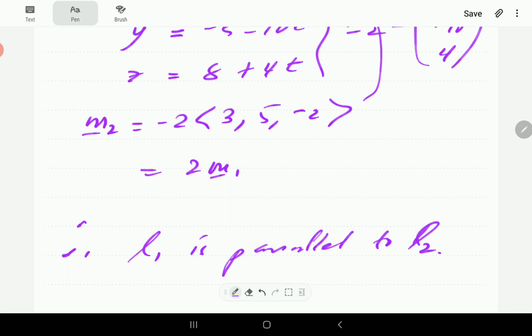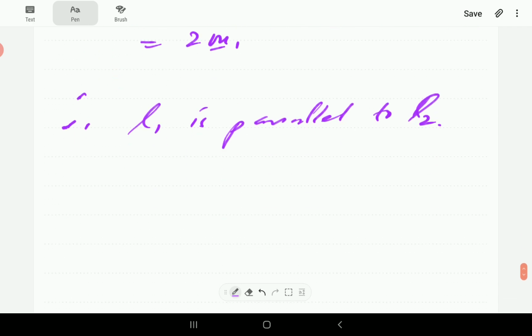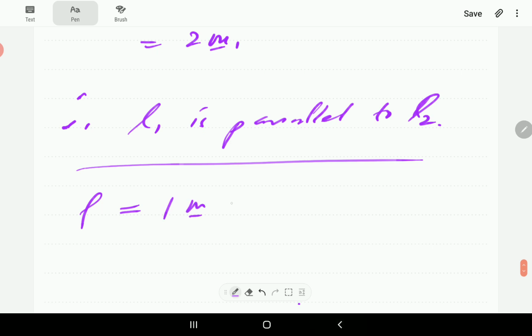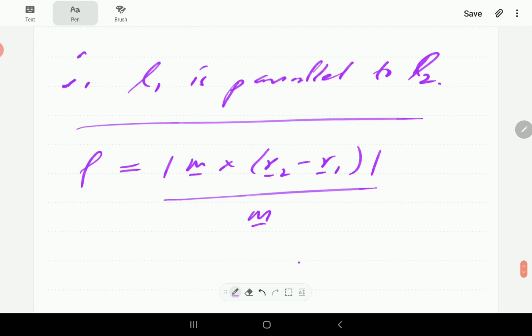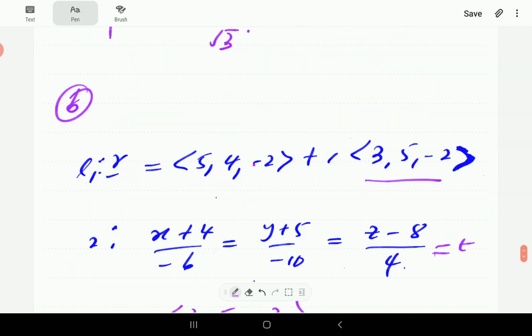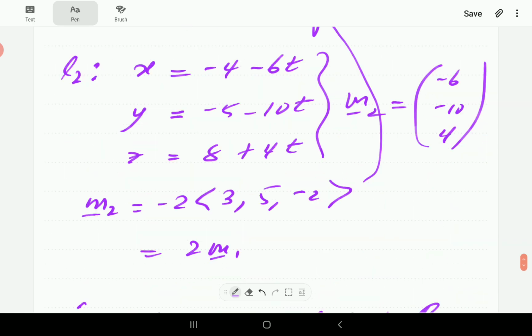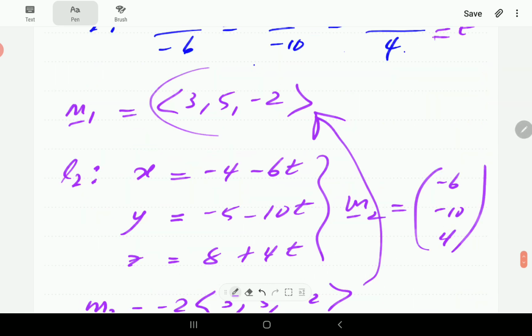And then to find the distance between the two of them, we simply use this formula that was presented in that theorem: R2 minus R1 all divided by M. Here it's up to us which M we use, but once we choose one M, then we must use it right through.